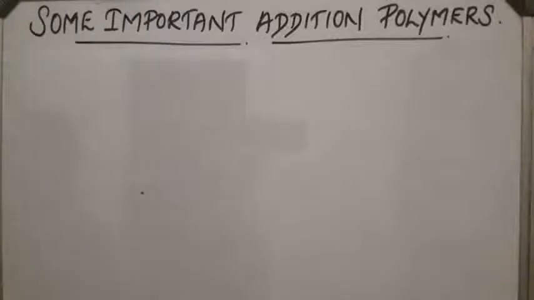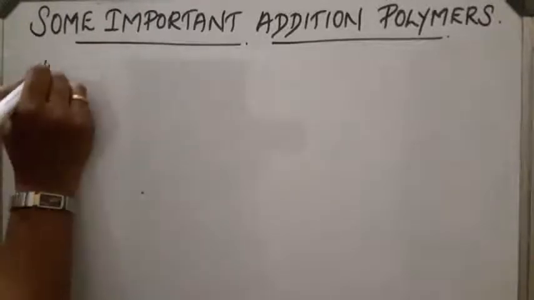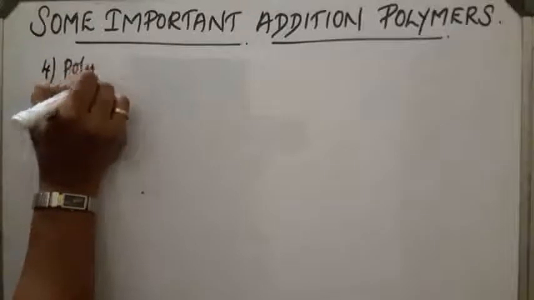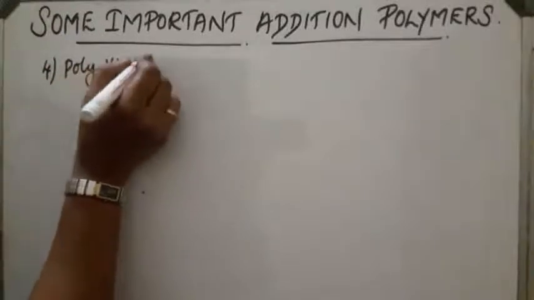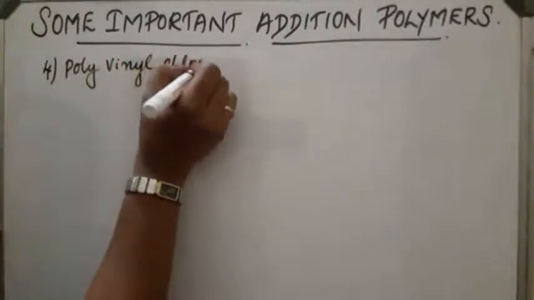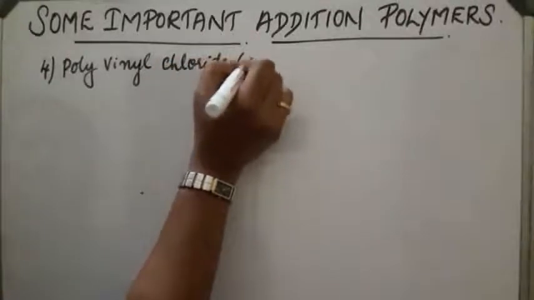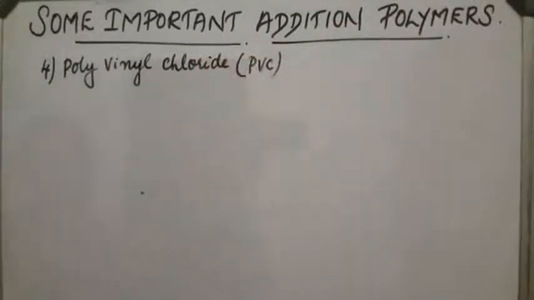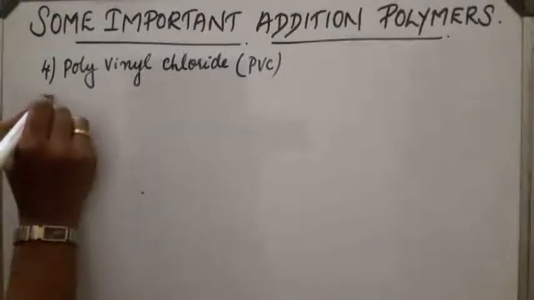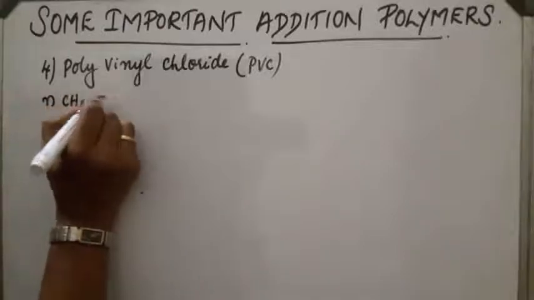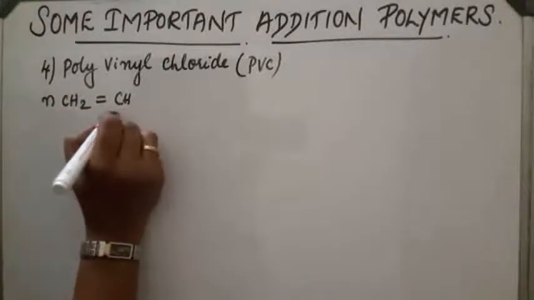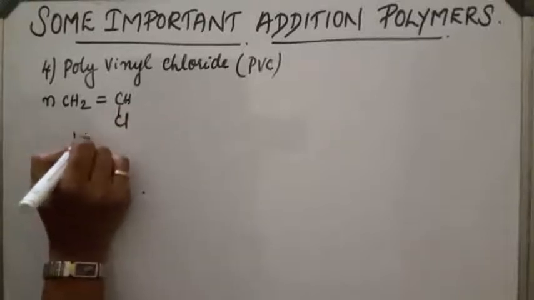Next, the fourth compound is polyvinyl chloride or PVC. This can be obtained by the polymerization of vinyl chloride in the presence of catalyst benzoyl peroxide. See the reaction. CH2 double bond CHCl, this is vinyl chloride.